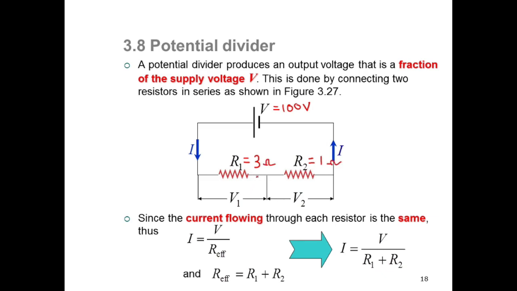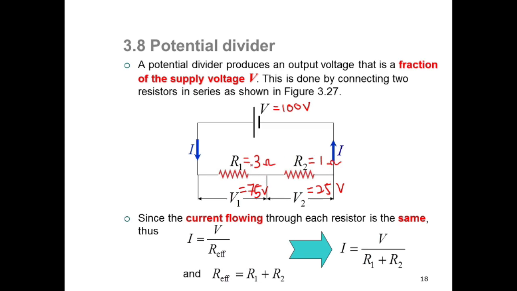The division will produce uneven fractions. The larger the resistor, the larger the voltage. So the 3 ohms will produce 75 volts, then V2 will be 25 volts.